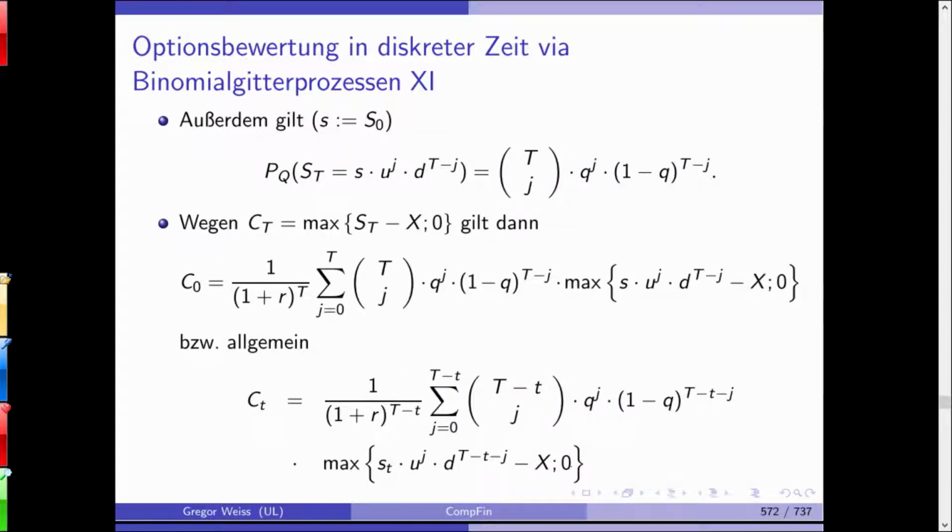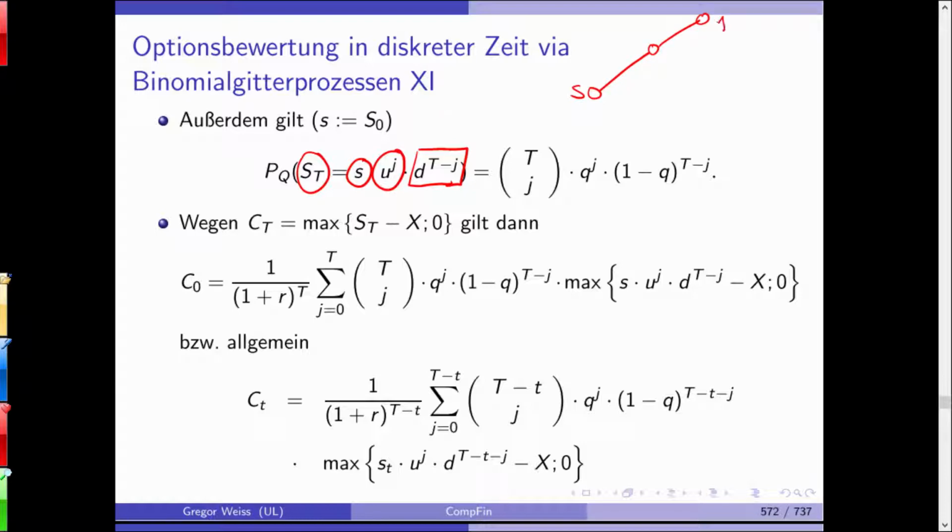What is the probability of having a stock price at maturity that has started at S and that has gone up J times and gone down T minus J times? So we start at S and we can go up 2 times.